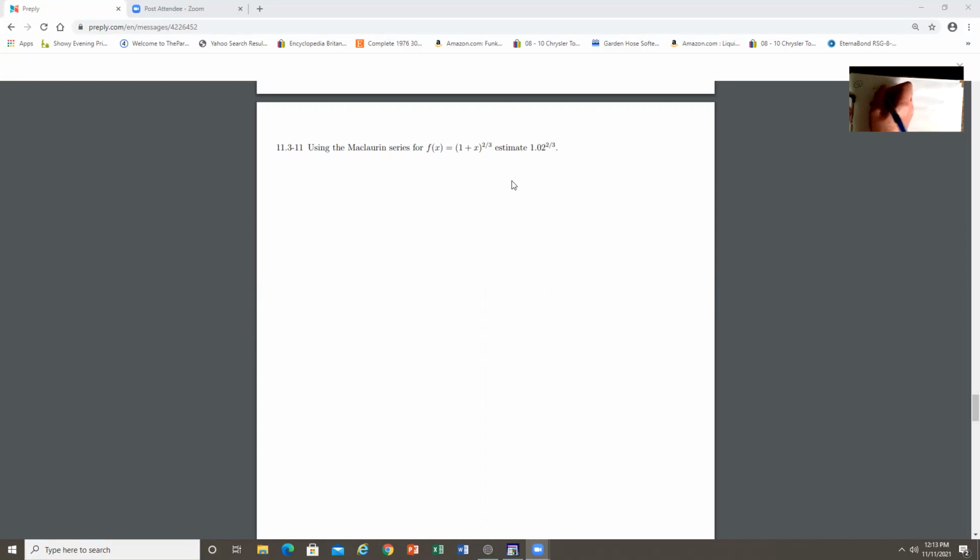So f of x is equal to 1 plus x to the 2/3 power. And they want you to estimate 1.02 raised to the 2/3 power.